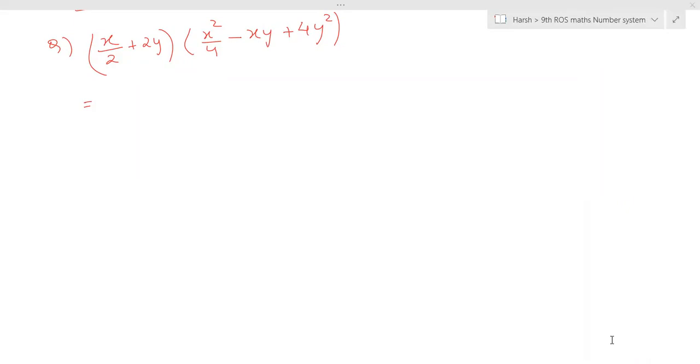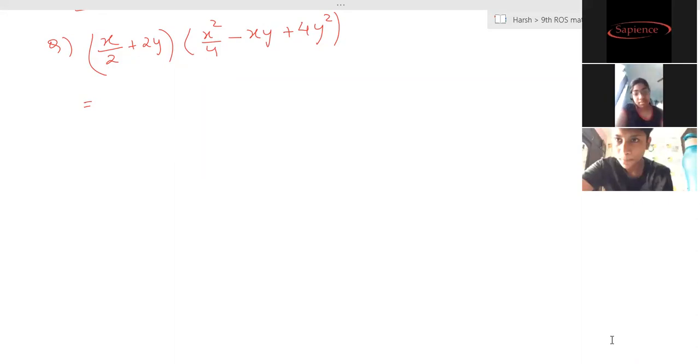Sir, this won't satisfy the A cube plus B cube formula because it's minus xy. It should be minus 2. Open your camera. Yes, A cube plus B cube is what? A plus B into A square minus 2AB plus B square. Srinidhi, for the very first time, I'm telling you, you have to write this 25 times.